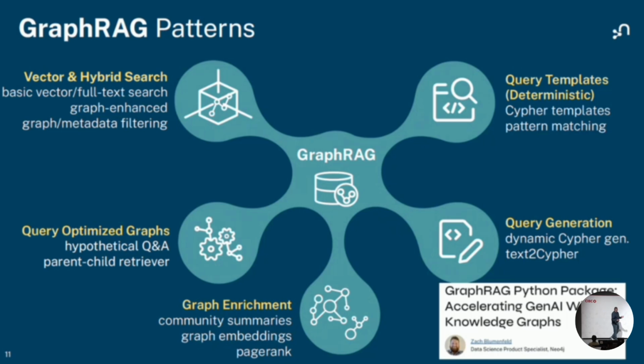And there is a blog post here you can take a look at. It's called GraphRAG Python package by my colleague Zach Blumenfeld. That blog post talks about how to take advantage of this versatile data structure and use it in a GraphRAG pipeline. You can start with your vector search.